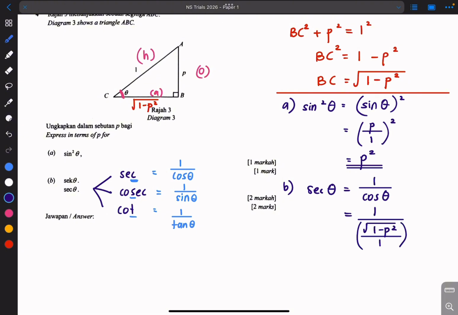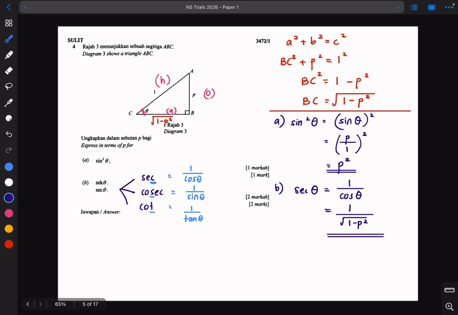Hypotenuse is 1, and anything over 1 is just the same thing. So we can just delete this, and this will be our answer. Done. That's it. They gave us 3 marks for this question. This is not so hard. I would rate it 4 out of 10 in difficulty.